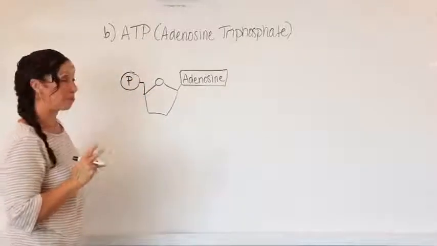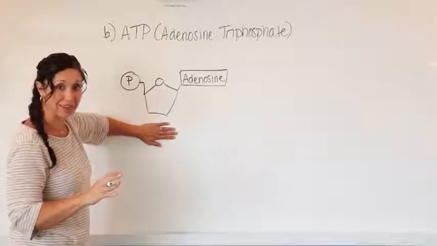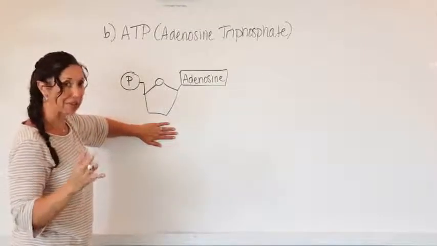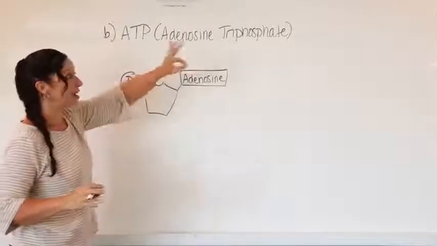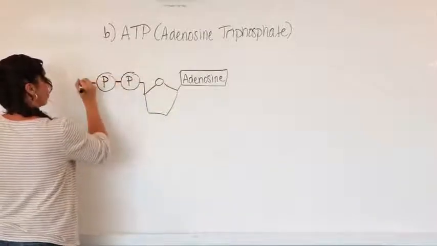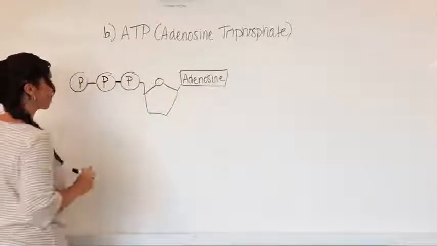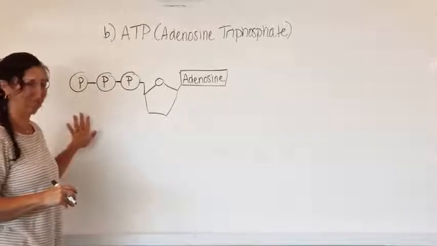We're not done yet, but that should hopefully remind you of a nucleotide. And it should, because they look almost identical. But ATP has triphosphates. There's 3 phosphate groups. So you have 1, 2, 3. That is ATP, a very simplified view of ATP.